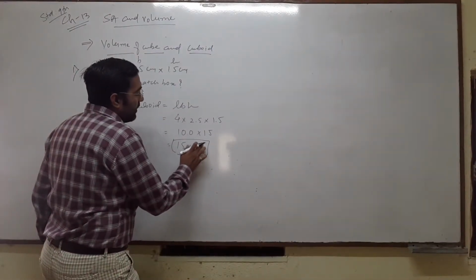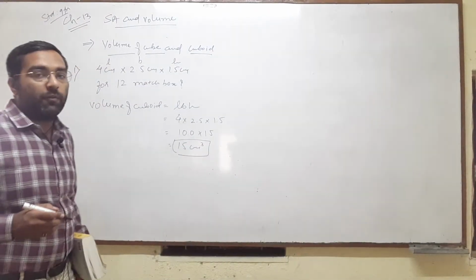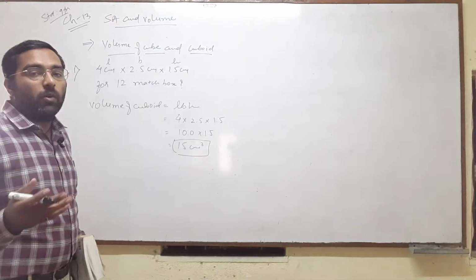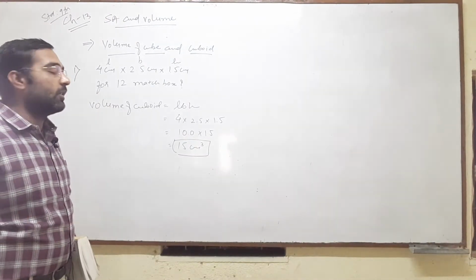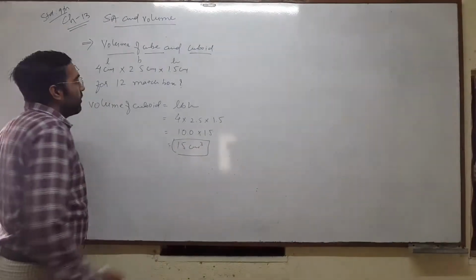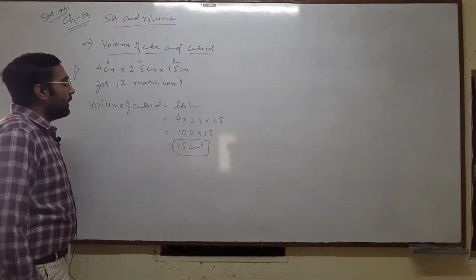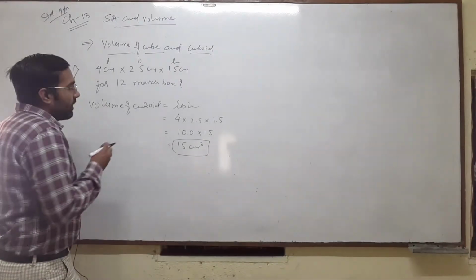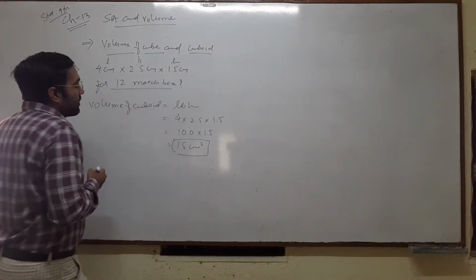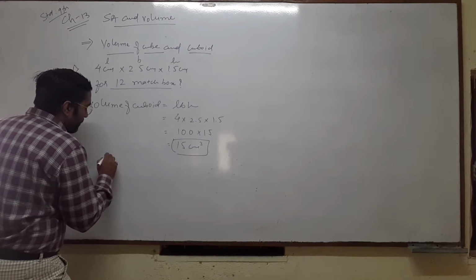You must write cube whenever you have to find volume of some kind, that is cube, cuboid, cylinder, any kind of one. Okay, you must write cube in the measurement. So now I have to take 12 matchboxes to find their volume.